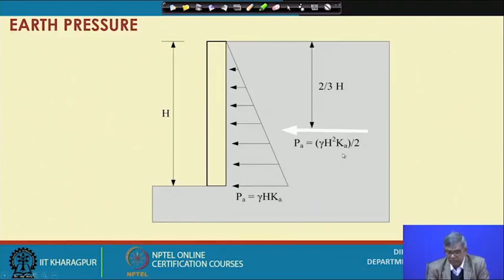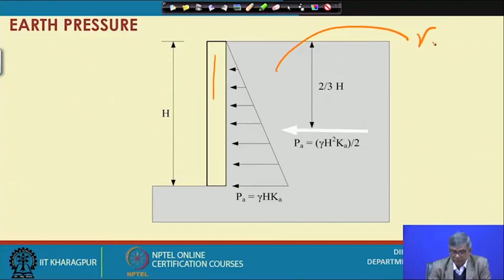And as I have already shown, here also it is shown. Suppose this is the wall and this is the backfill, and the backfill soil has unit weight equal to gamma, and if I consider this is H, then your vertical stress distribution could be drawn with depth.